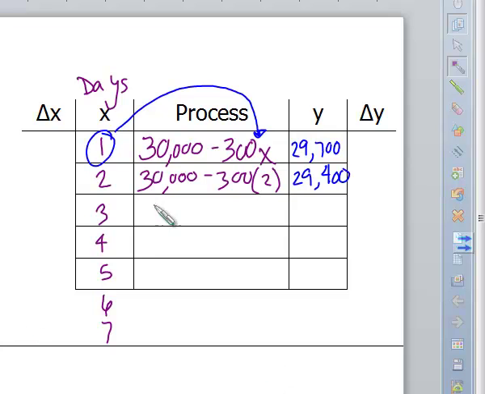And then we do the same thing with 3. Do we see a pattern here? I sure hope we do. We have 29,100. So you're going to fill this out all the way down, replacing the X value for this X value over here.